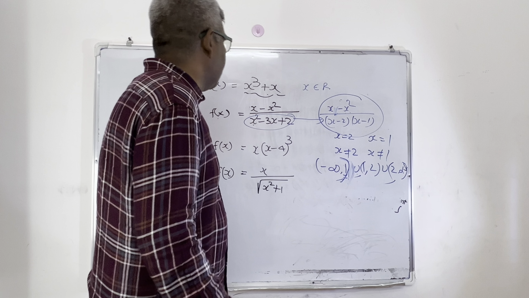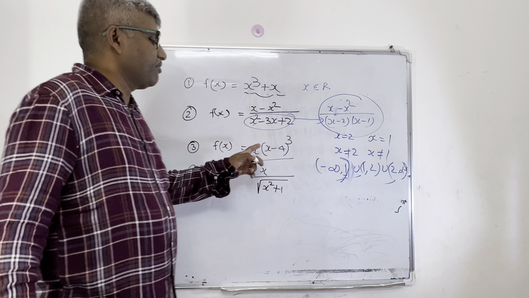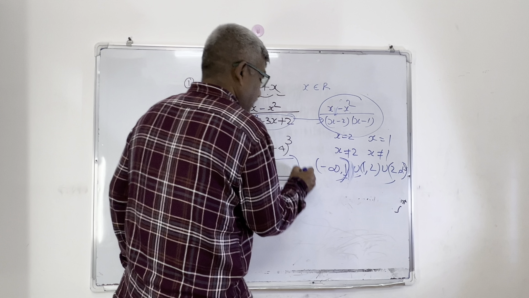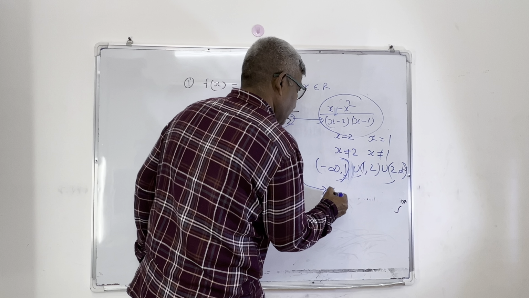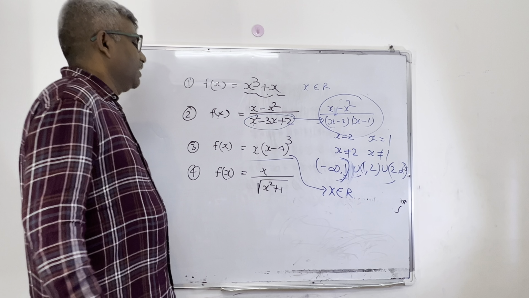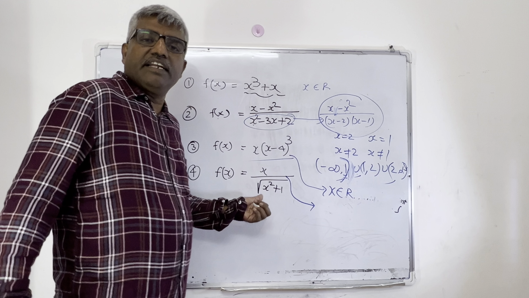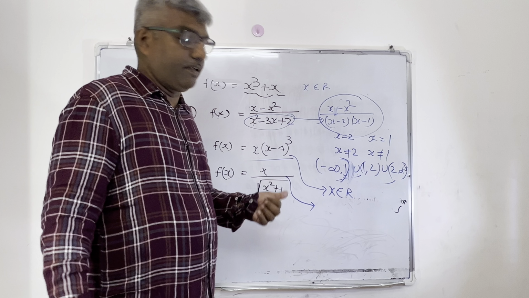Now question number 3, f of x is equal to x minus x times x minus 4 whole cube. X is all the real numbers. Then question number 4. Here x over square root of x squared plus 1.